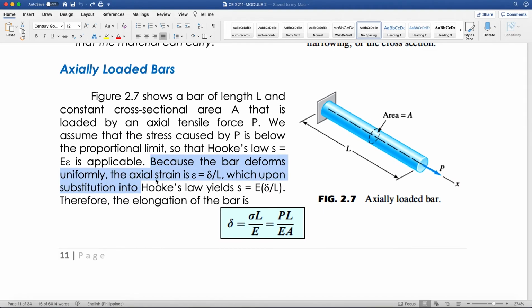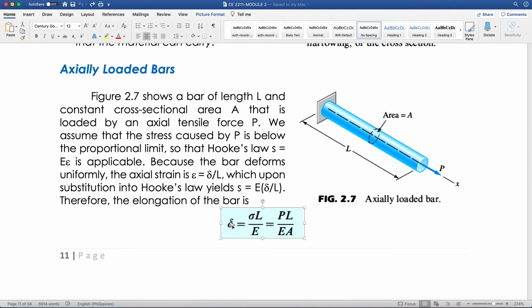So, the axial strain is equivalent to the deformation divided by the total length, which upon substitution into Hooke's law yields the stress is equivalent to the modulus of elasticity times the strain. Substituting the strain as the deformation divided by the total L, therefore, we have this equation.